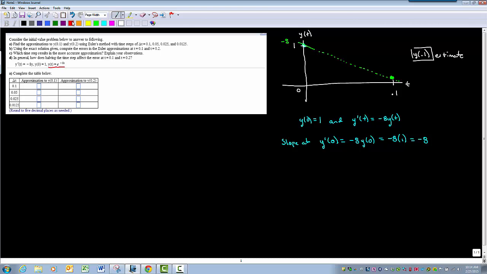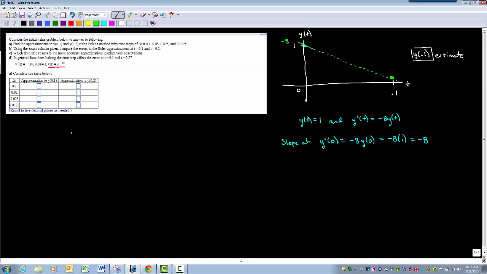Now we know the actual function is this one right here, but usually that's not given to us. So what we're trying to do is estimate the actual height, which is probably somewhere here, using this line. We know the slope to get down to here. We can do this out algebraically if we want to.